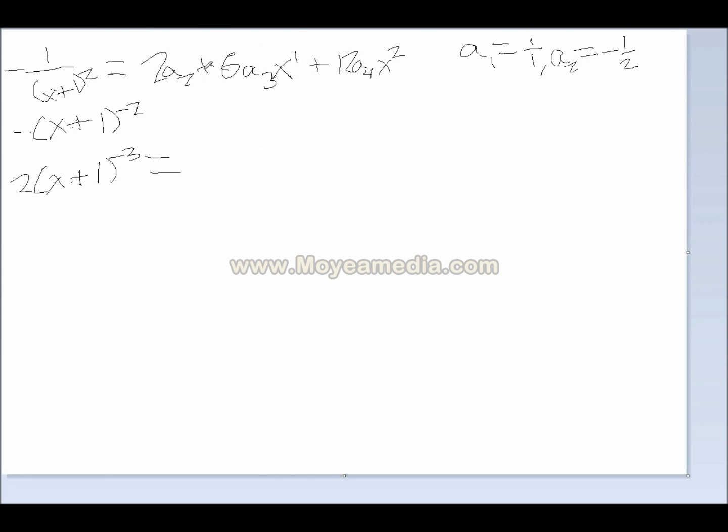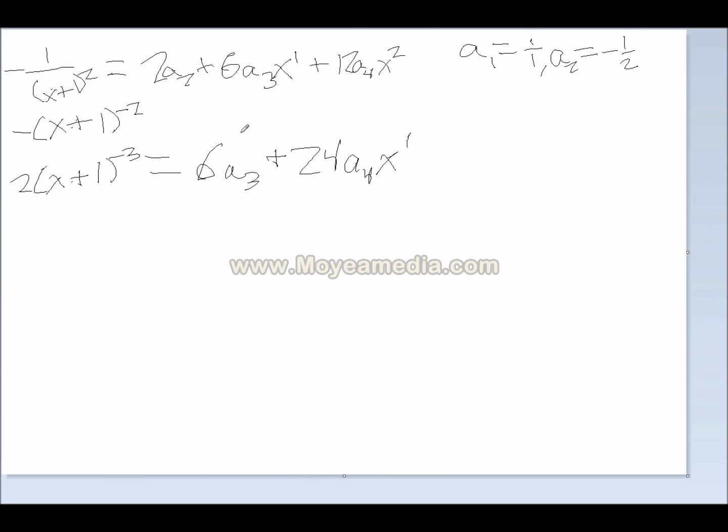You bring this down, 6 times 1 is 6. The x cancels out because it's just x, so we're looking at the slope. So 6 a sub 3 plus, bring the 2 down, 24 a sub 4 x to the 1. Okay.